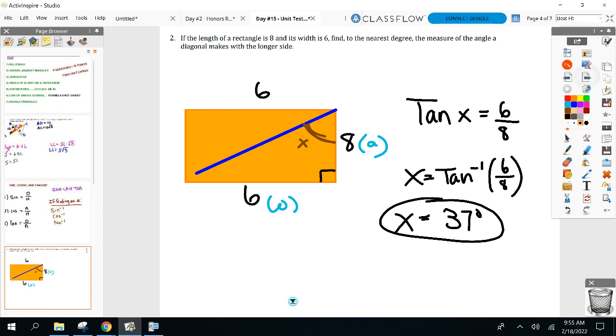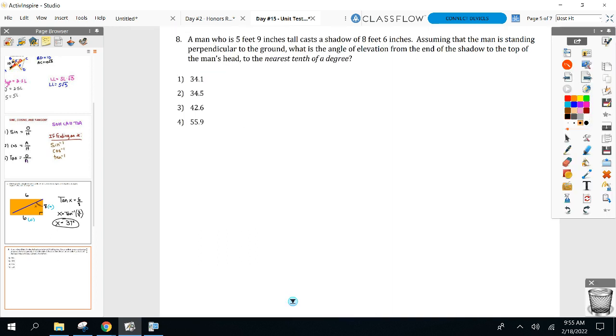One more together, and then you get a group one. Go to number 8 for me. All right, a lot going on here.